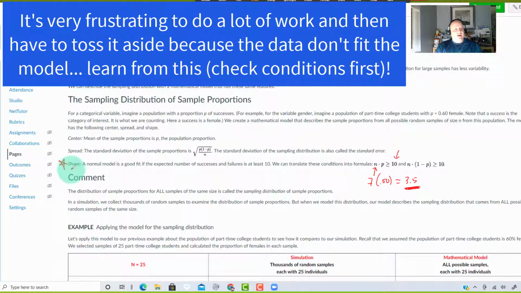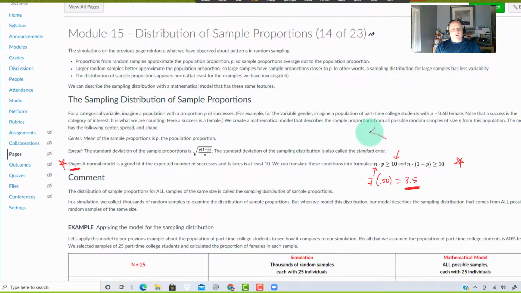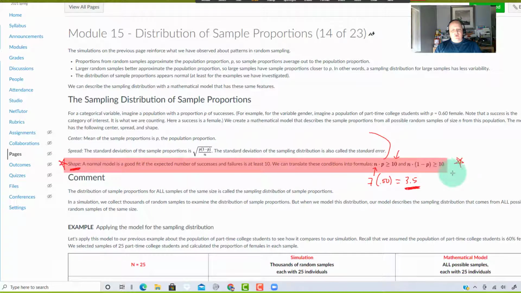And so by me working through that entire problem, what I want you to see is why you need to check the shape by checking the normal conditions before you start. So this is probably the most frustrating thing for students in this class, is they will do a lot of work and they will ignore the normal conditions. The normality condition is what you have to check in order to use a z-score, in order to use those applets. Okay? So I would have to go flip a coin a lot more.